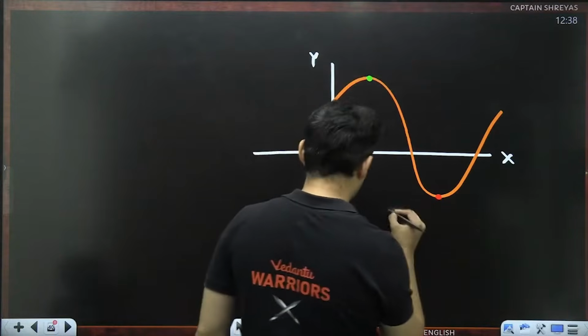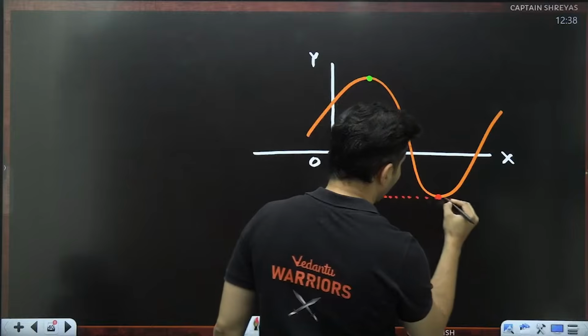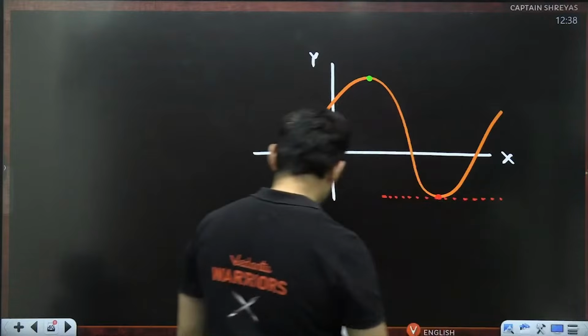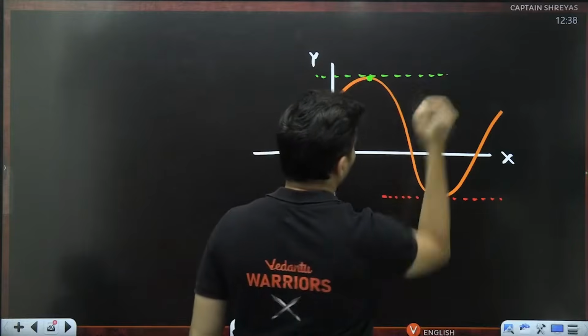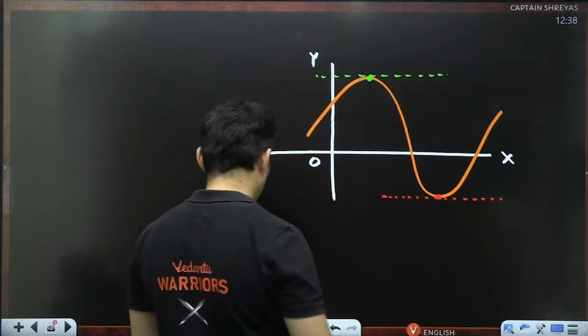If I draw a tangent over here, or over here, the slope is zero.